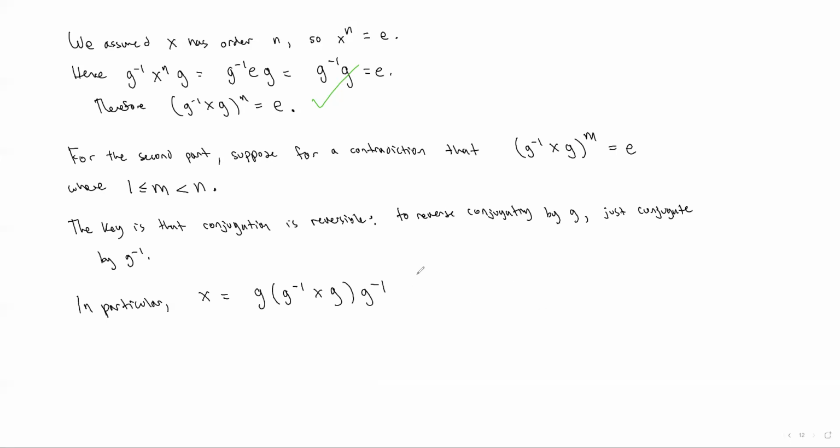So in other words, X is a conjugate. Conjugation is a symmetric relation. If A is a conjugate of B, then B is a conjugate of A. So X is a conjugate of G inverse XG. That means we could just repeat the argument we just gave.